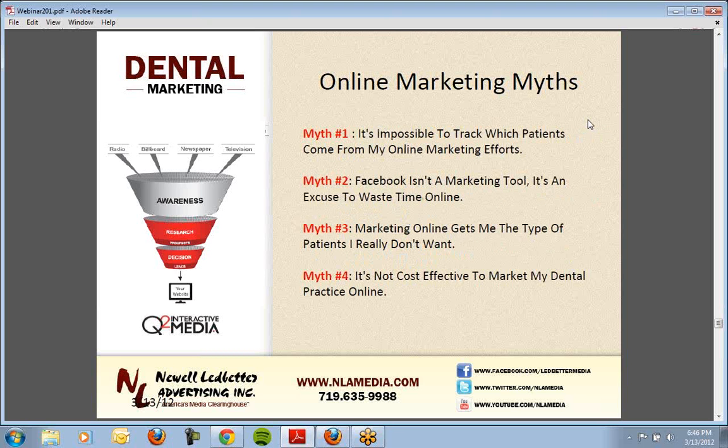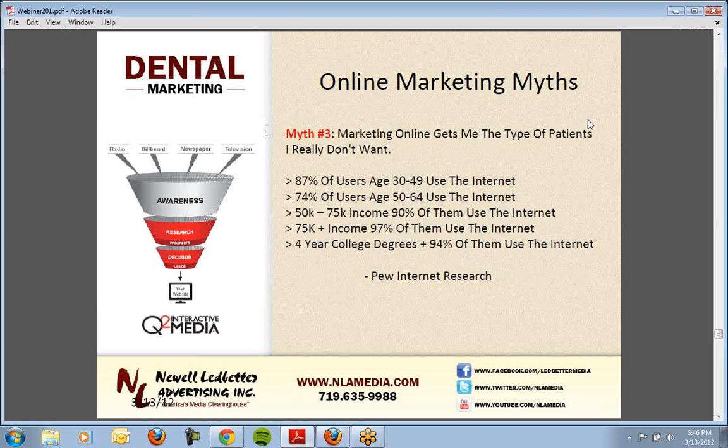Third myth, marketing online gets me the type of patients I really don't want. Well, that's not true. A couple assumptions we can make, and then let's back that up with data. The Pew Internet Research Group does a lot of stuff online, and they're pretty accurate with their reporting. So think about this.